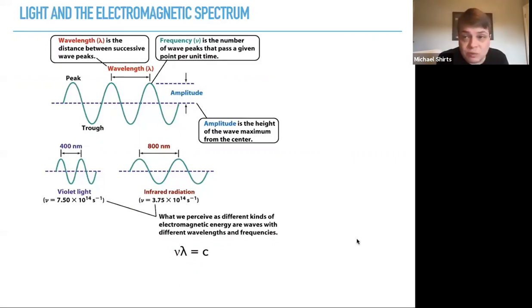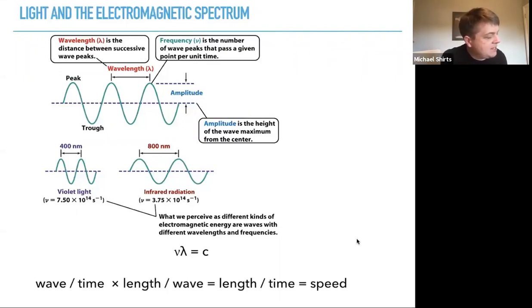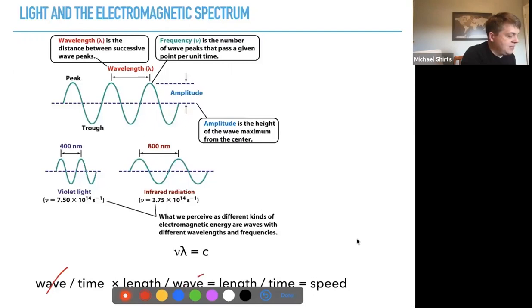But this relationship holds for any type of wave. Absolutely any type of wave. This is always true. With electromagnetic light, then you always know what c is. And the way you can see this is you can write this as the frequency is the number of waves per unit time, and the wavelength is the length per wave. So if you do that, then you notice that waves cancel out and you get length over time, which is a speed.